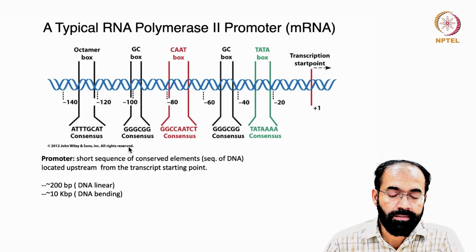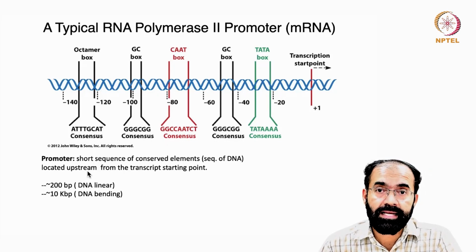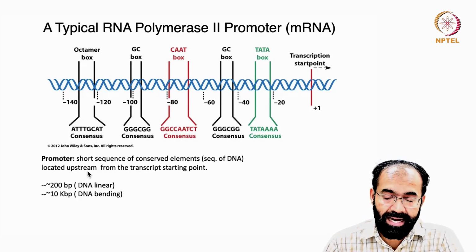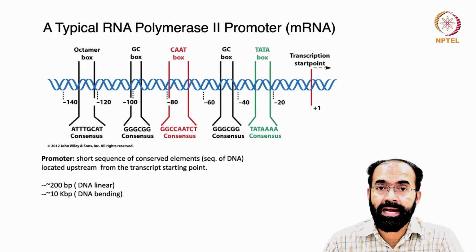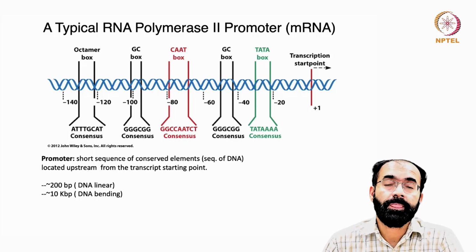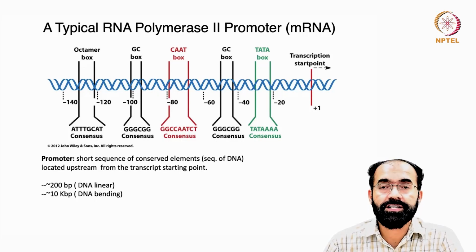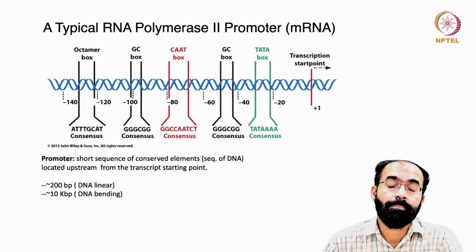Why is this important? Because a region around 200 base pairs long can contain the necessary elements required for acting as a promoter, and it can stretch up to around 10 kilobases. In some rare cases, the promoter region can stretch up to megabases.